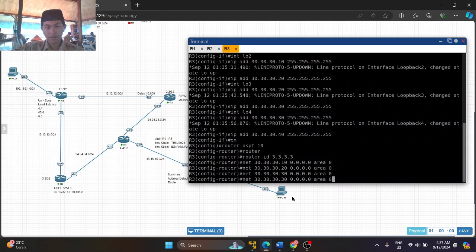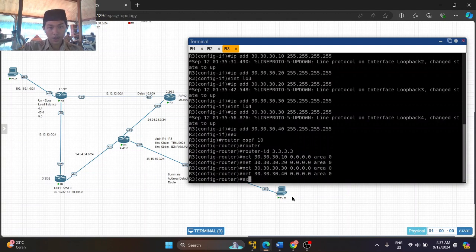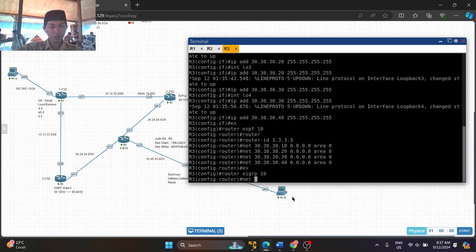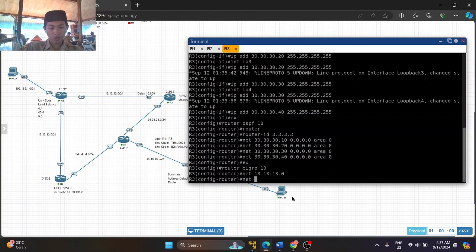Enter. Okay, exit. Then we move to router EIGRP, network 13, network 34.